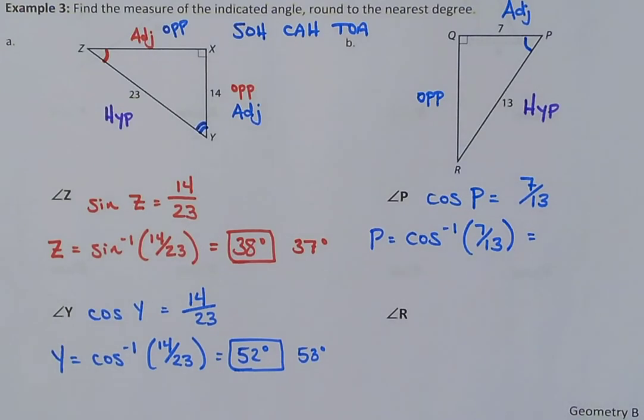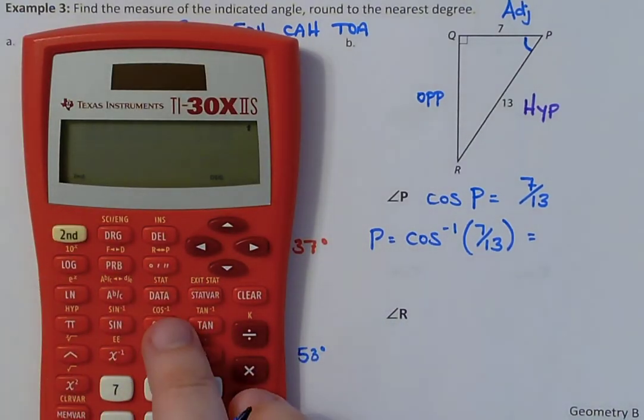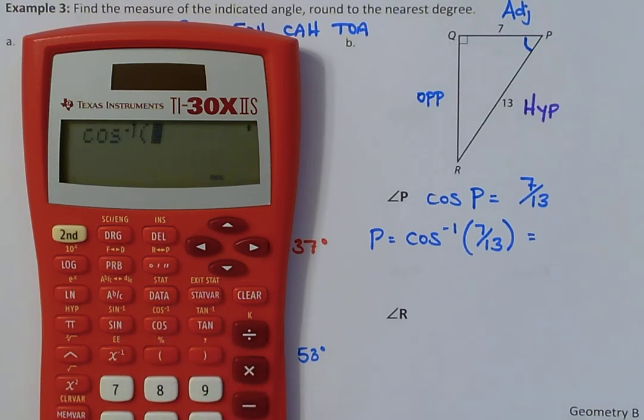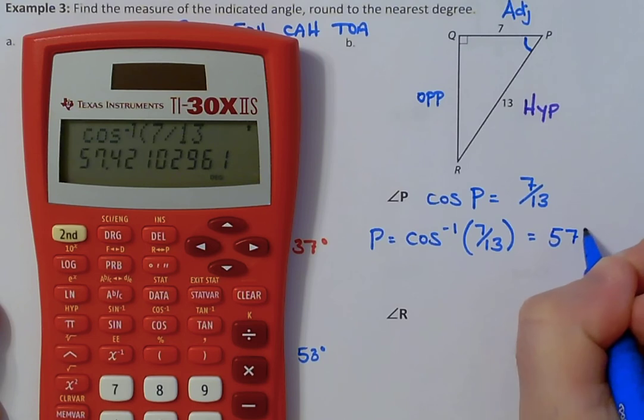If we use our calculator, second cosine, 7 divided by 13, we end up with 57.42. Because that's a 4, it's going to stay the same. So 57 degrees.